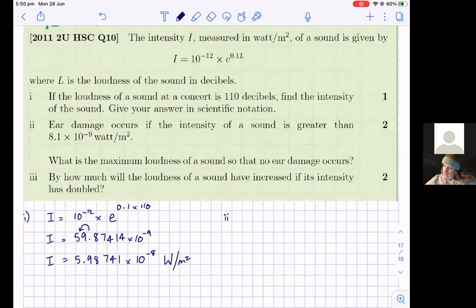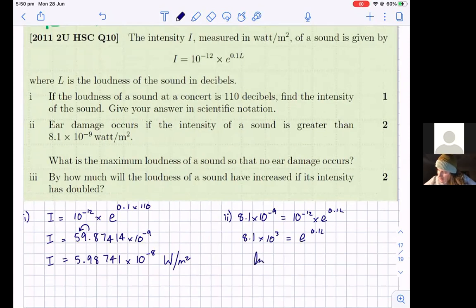Question 2. Here damage occurs if the intensity is bigger than that. So we need to just solve 8.1 times 10 to the minus 9 equals 10 to the minus 12 times e to the 0.1 L. To get rid of the 10 to the minus 12, we get 8.1 times 10 to the positive 3 equals e to the 0.1 L. Or you could have just put it in your calculator.